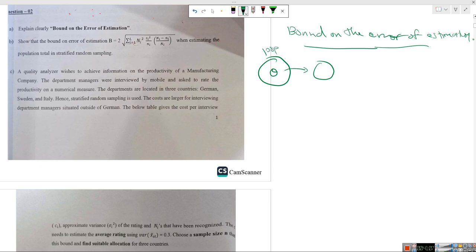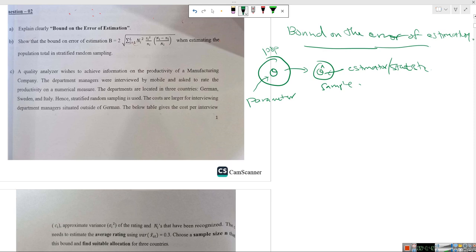Now this is the population, and let's say this is theta hat, right? So estimated theta hat. Now this is the sample. Now we call this the parameter and this the estimator or statistic. Okay, the summary of the sample is called a statistic or estimator.